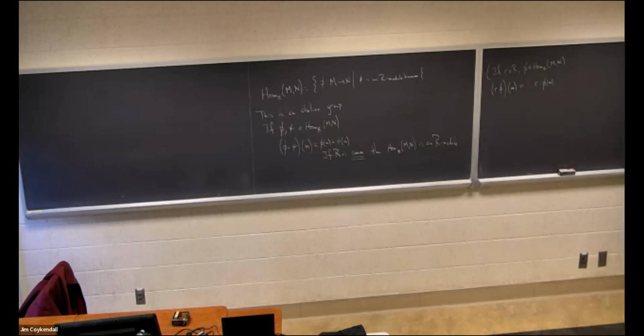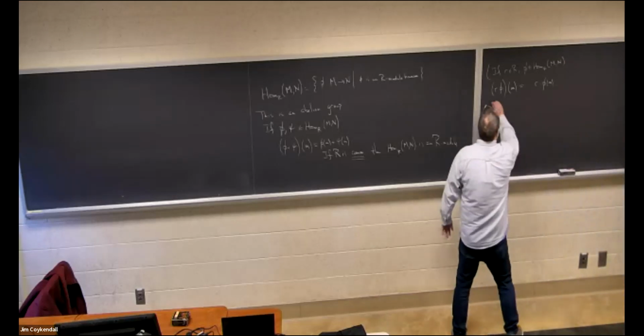Can somebody tell me what the problem might be if R is not commutative? Student: If you have an s in R and you plug sm into this rφ, then it might not swap, so the scalar would not go outside. You put your finger right on it. Absolutely.